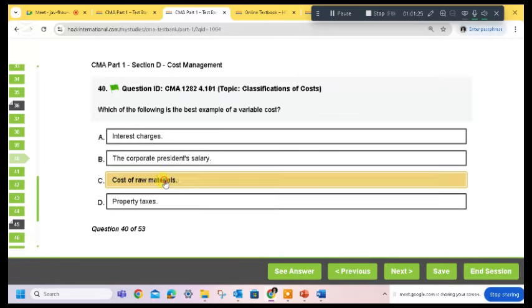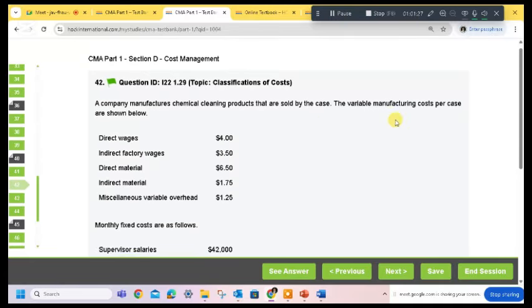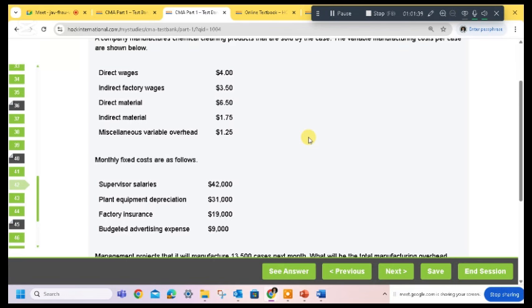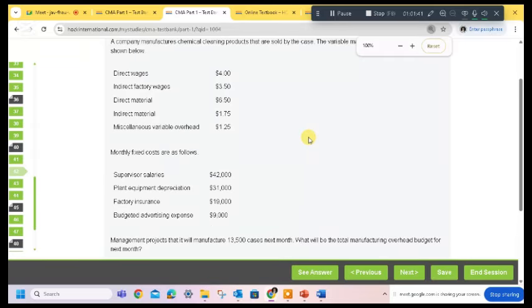Cost of raw materials. Management projects that it will manufacture 13,500 cases next month. What will be the total manufacturing overhead budget? First of all, identify which ones are manufacturing overheads.